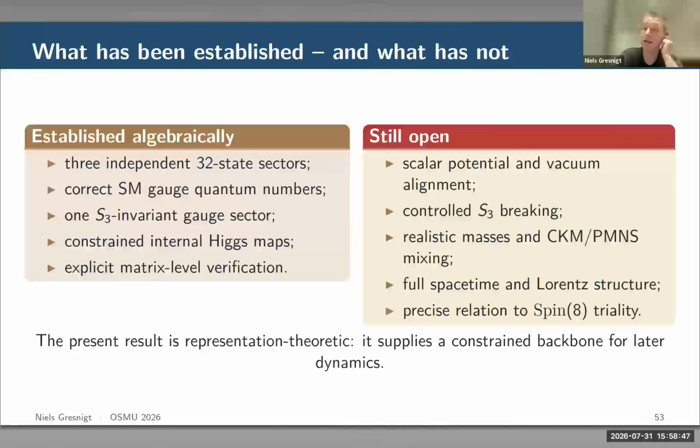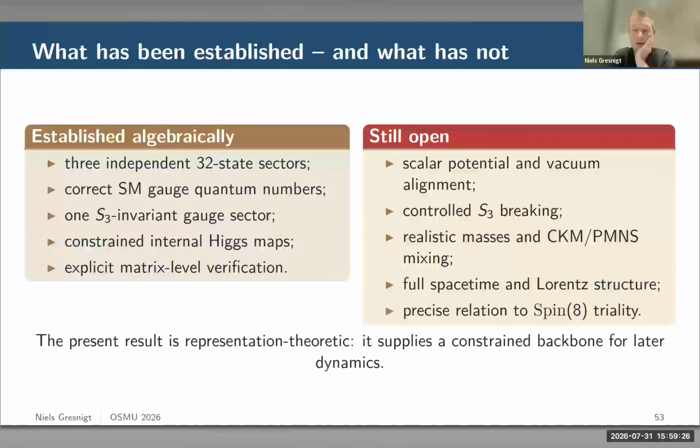Then, of course, a related question is how you can get realistic masses and mixing, so the CKM and the PMNS matrices, as well as the full spacetime and Lorentz structure. Another interesting question that I've been thinking about, but I'm not sure how to do, is the relation between what I've done here with S3 and the triality of spin 8. There are some other models, one by Nicole Furey, that uses triality, for example, to get 3 generations.